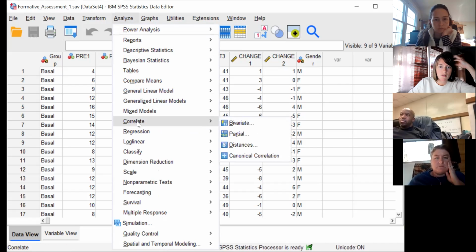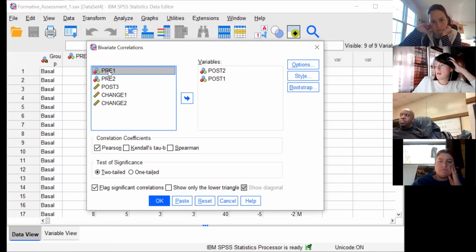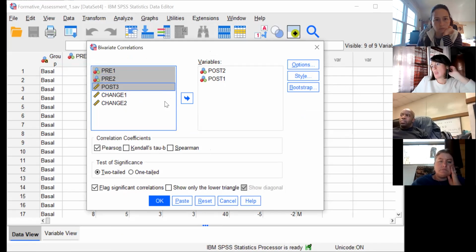Like if we do a correlation, bivariate, we can throw in pre-1, pre-2, post-3. We can throw them all in there. We can even throw change 1 and change 2 in there. We can throw everything in there. Throw the kitchen sink in there. We don't care.